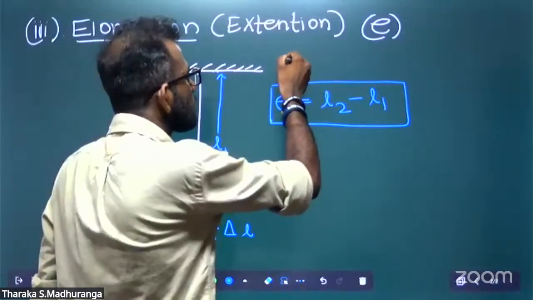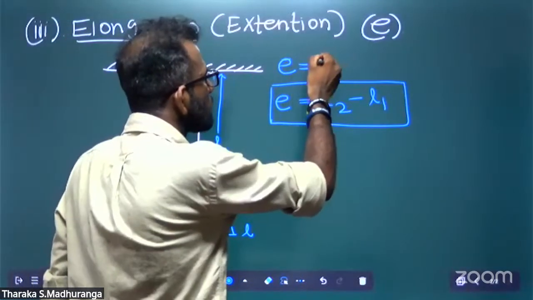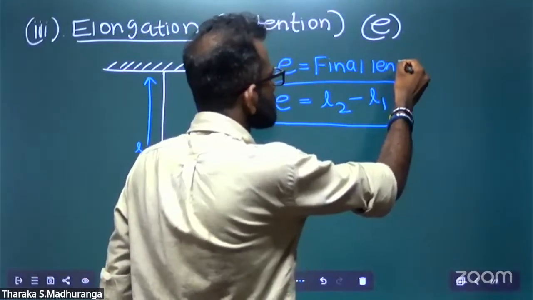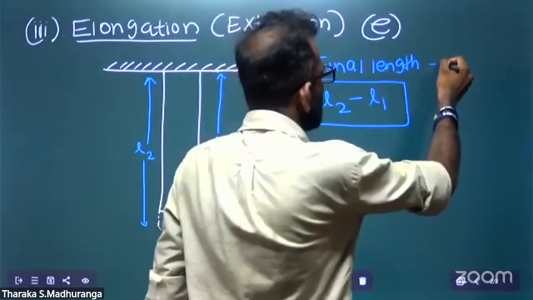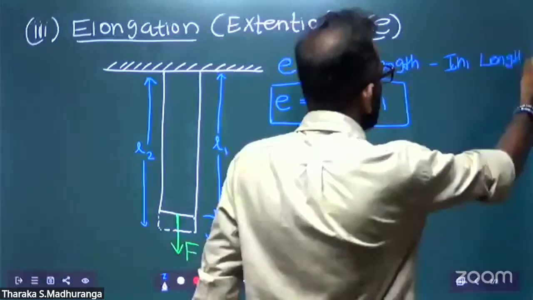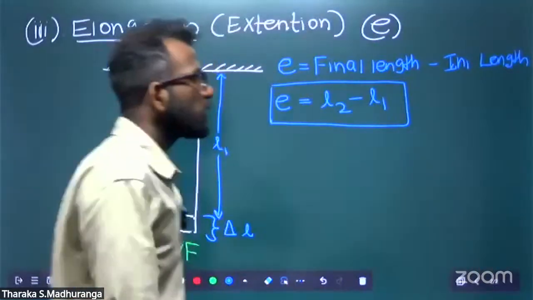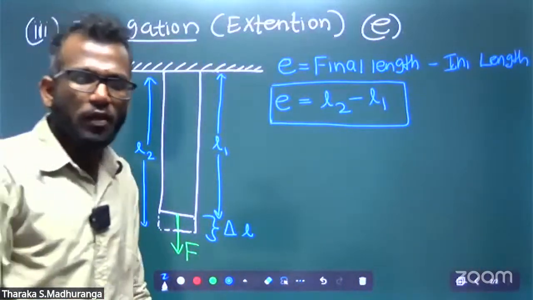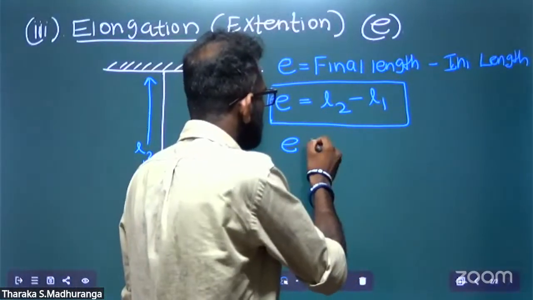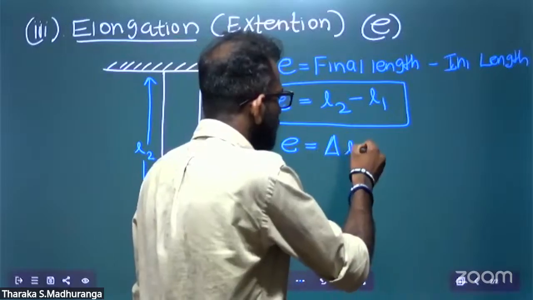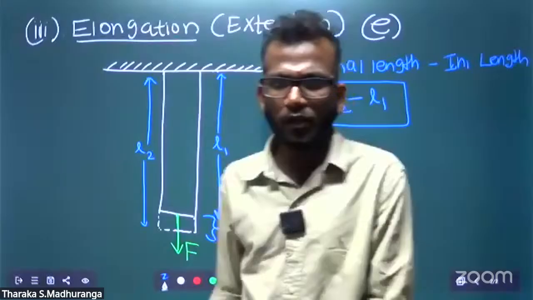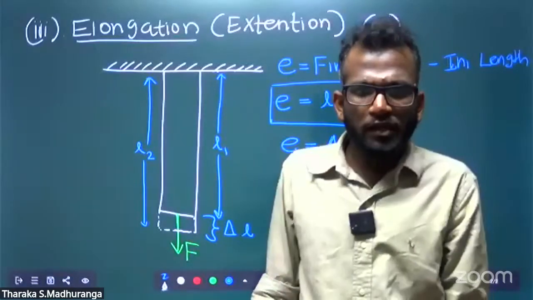The elongation equals final length minus initial length. In other words, the elongation equals delta L, the length difference. The length difference is the elongation. Okay, now the elongation is okay.